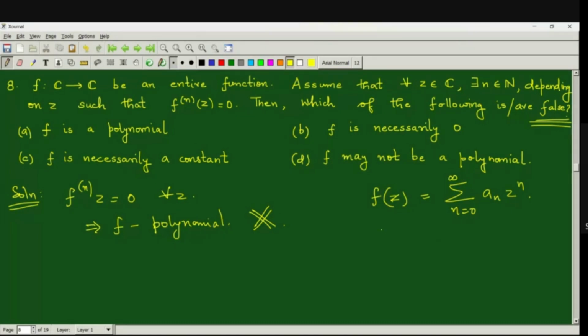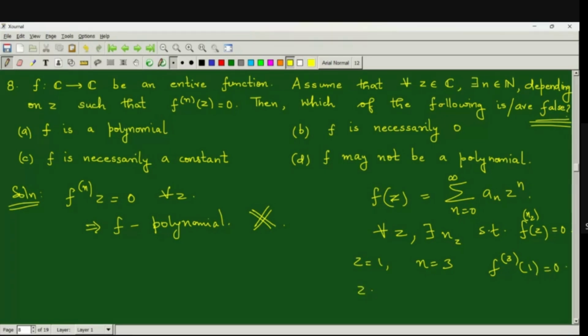Sorry. For each z, you are getting different n's. I will write n of z such that the n z derivative of f at z is going to be 0. If I take z equal to 1, I will get n equal to 3, that is, the third derivative of f at 1 is 0.